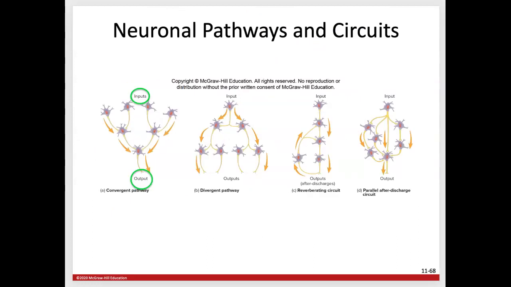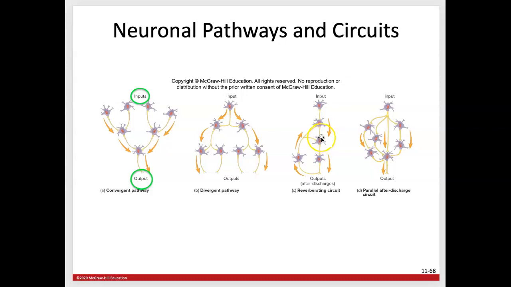In a convergent pathway, we have a whole bunch of inputs converging into a single output. So we have all these inputs coming to one neuron. A divergent pathway is the opposite. We have one input that goes to 2, that goes to 4. So it diverges out.